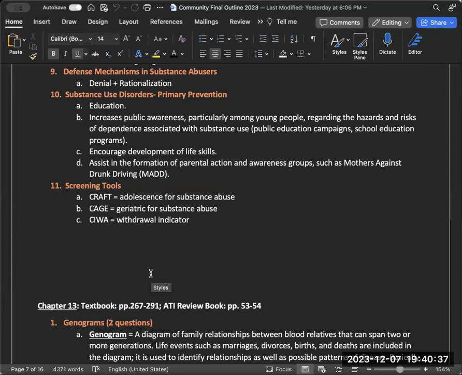Some other things that I saw, I think this was from ATI, would be increasing public awareness, particularly among young people, regarding the hazards and risks of dependence associated with substance abuse, like public education campaigns and school education. Also encourage development of life skills, or assist in the formation of parental action and awareness groups like Mothers Against Drunk Driving. So all of this has to do with some sort of education.